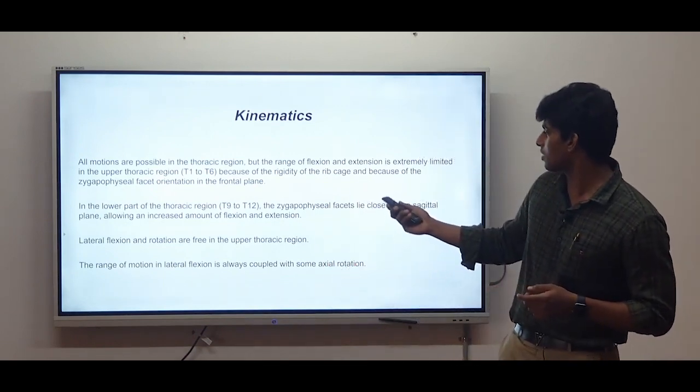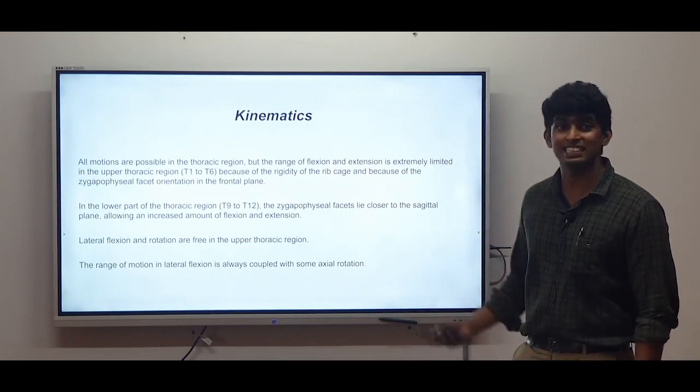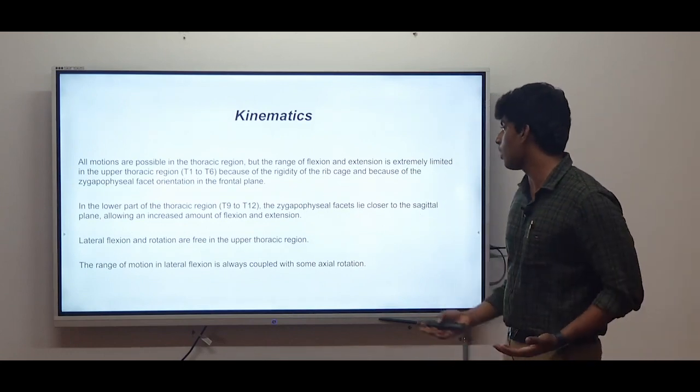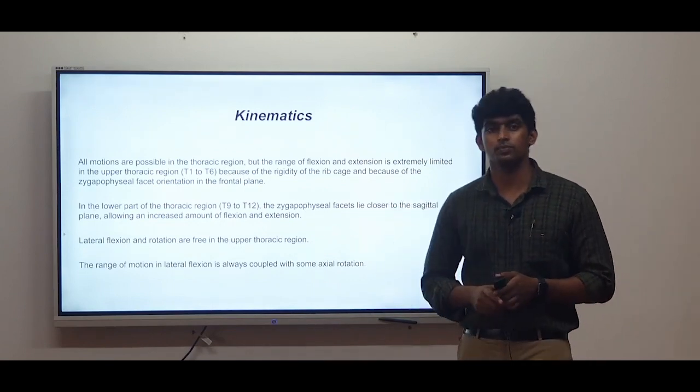In the lower thoracic region, the zygapophyseal facets lie closer to the sagittal plane, allowing increased flexion and extension.